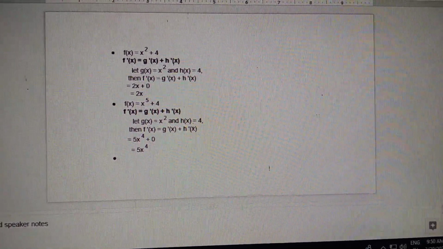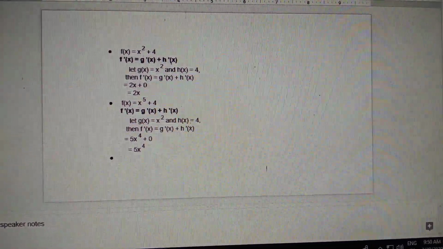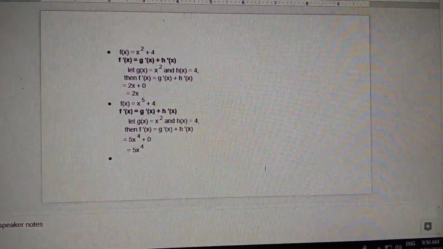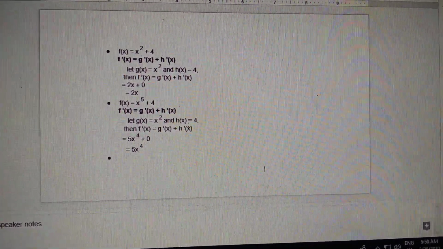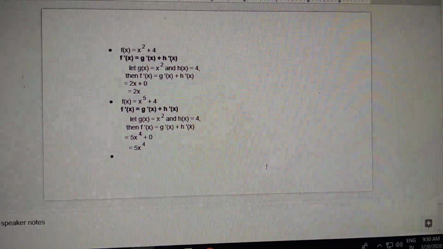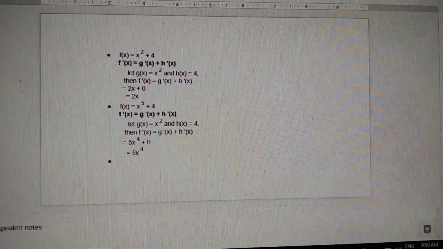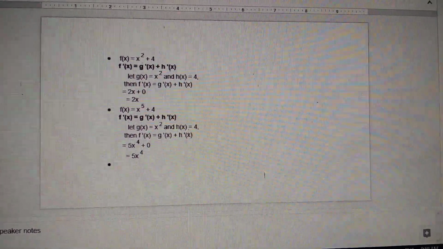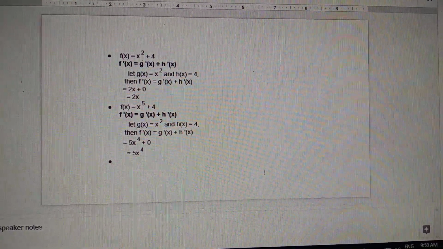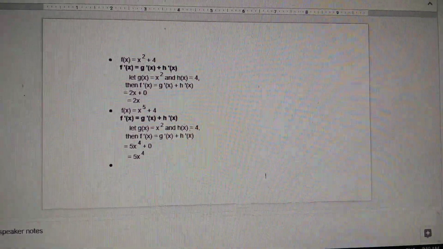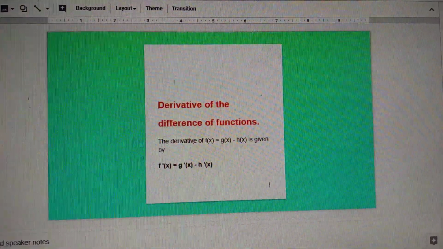Thus applying the derivative of sum law, we receive the total derivative 2x. Similarly, if f of x is the sum of two functions, x raised to 5 plus 4, applying the sum law of derivatives, we receive its derivative 5x raised to 4.